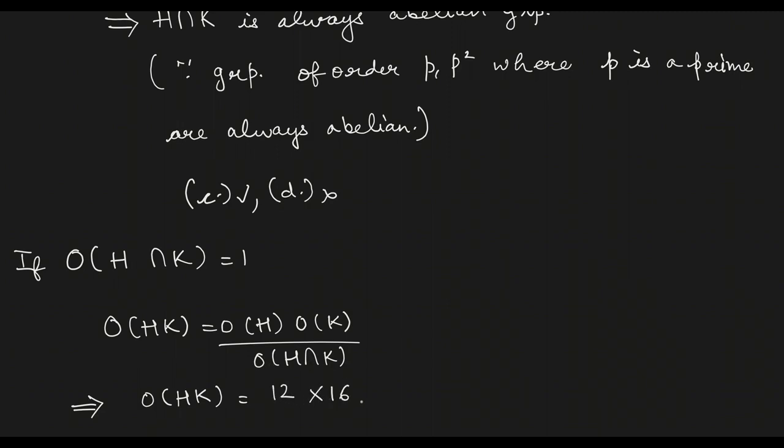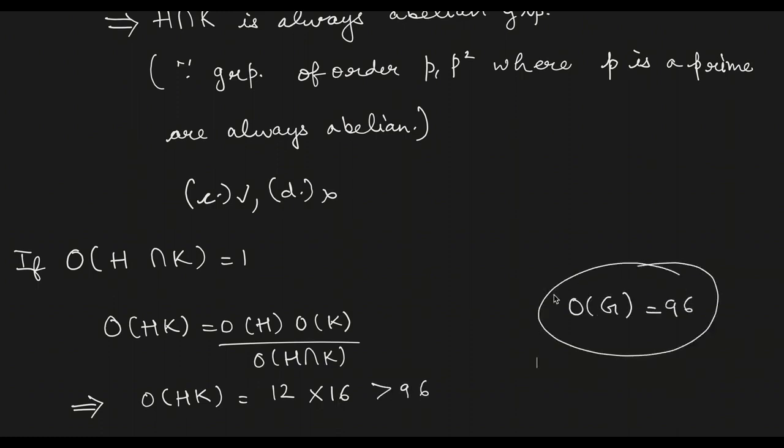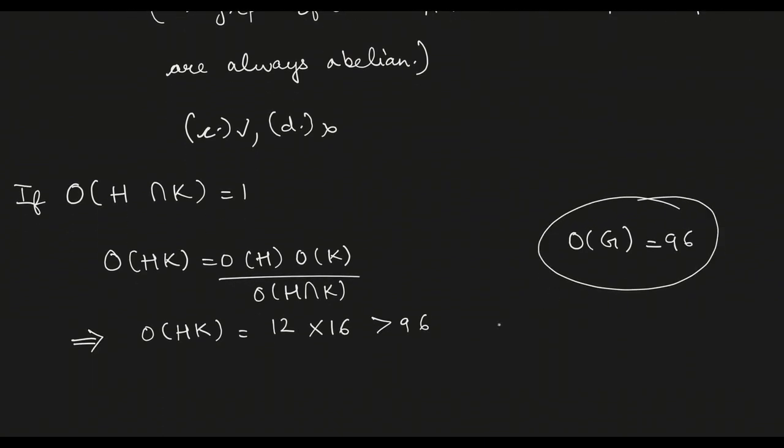So 12 into 16 will be greater than 96, because the order of group G was given as 96. Is it possible? No, it is not possible.